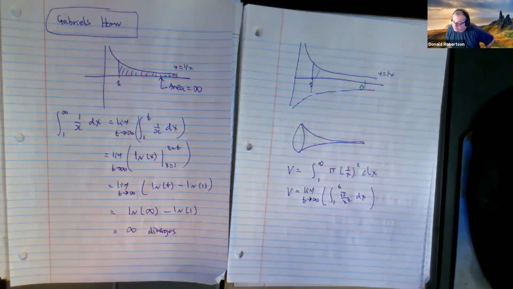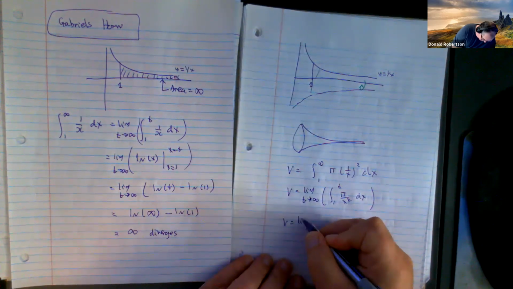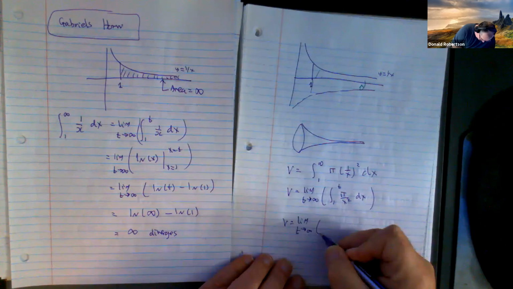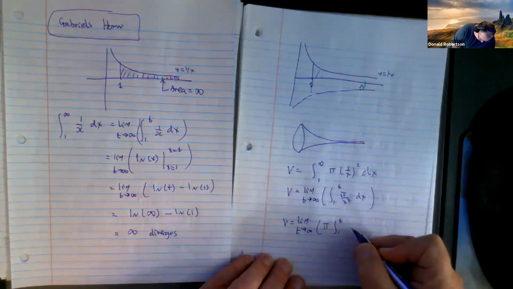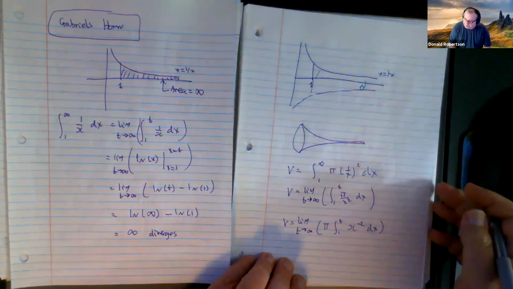So far, so good. And that's going to be the limit as t tends to infinity of, let's kick the pi outside because it's annoying. And let's call that 1 over x squared, x to the negative 2, to make it easier to integrate.